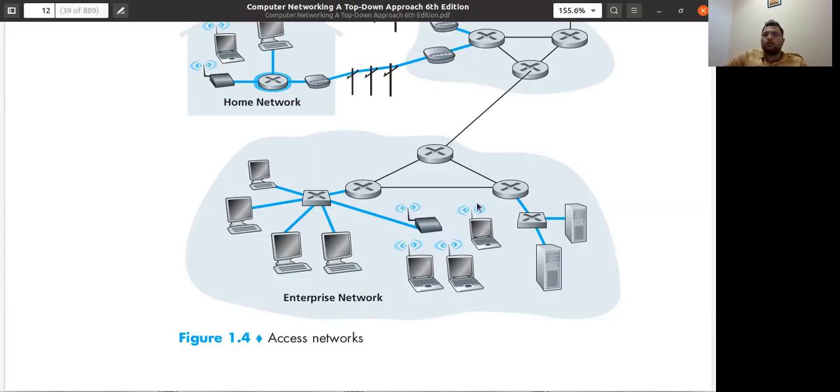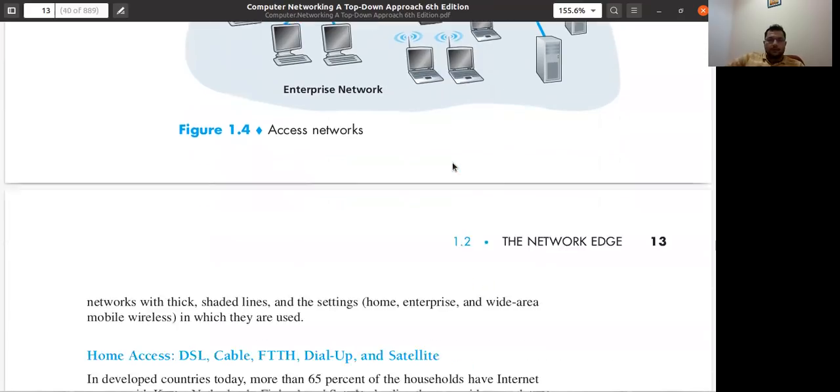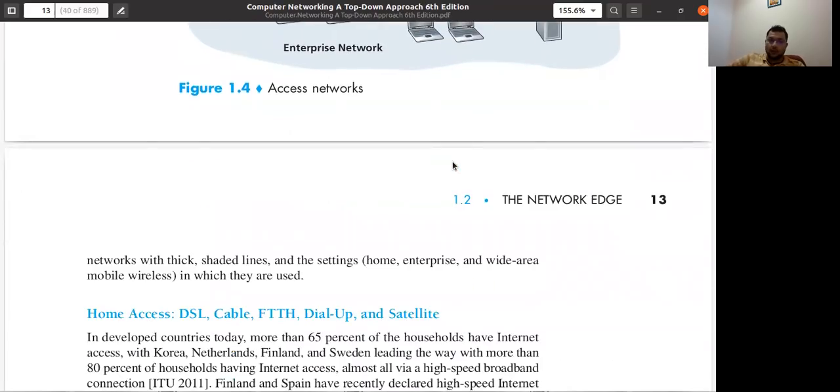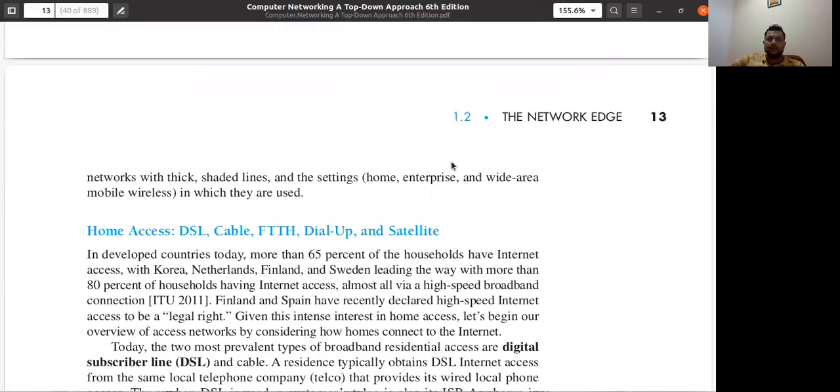And then these two edge routers are connected to this router, and all these routers have a global presence. Global presence means the global IP, they hold the global IPs.